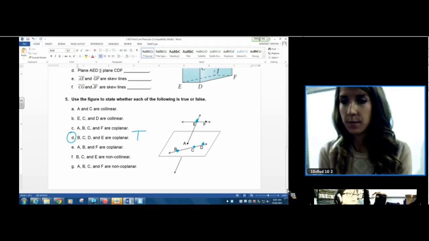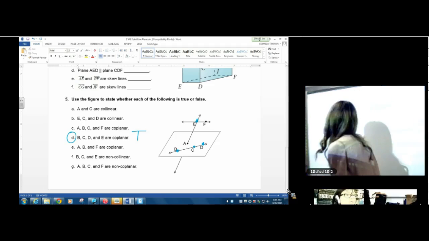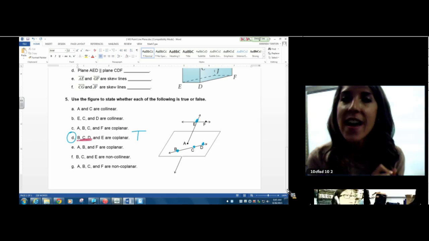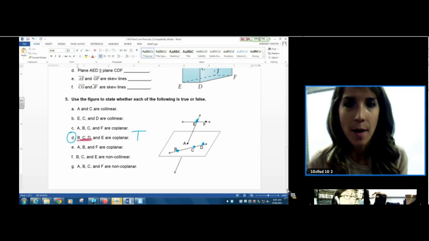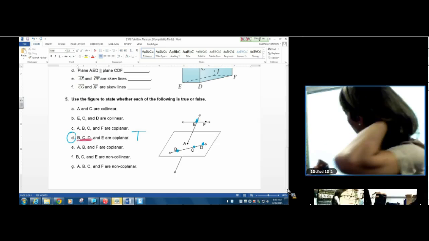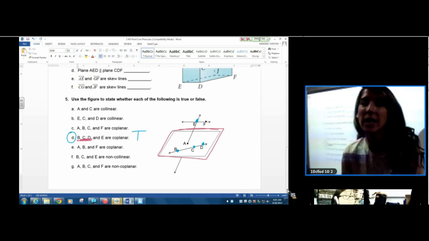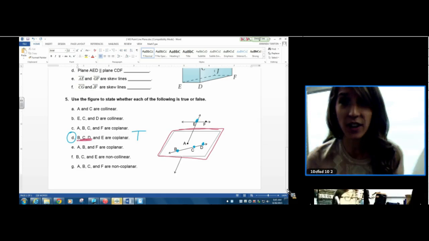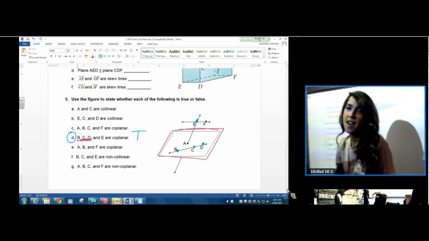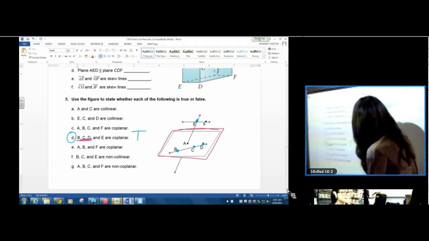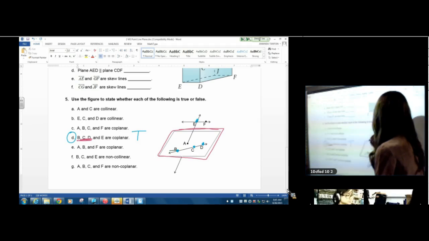The reason is because B, C, and D are in a row. They're collinear. They're lined up. So they are in this plane, but that's not the only plane that they're in together. I could pivot that plane, and I could draw a separate plane, and I could go grab E if I wanted to.